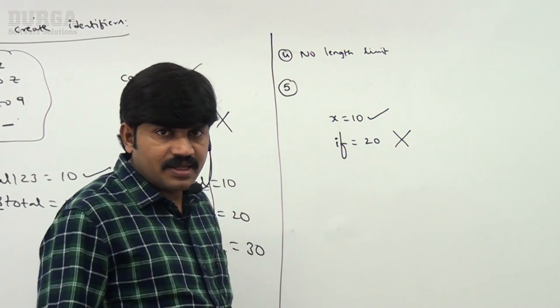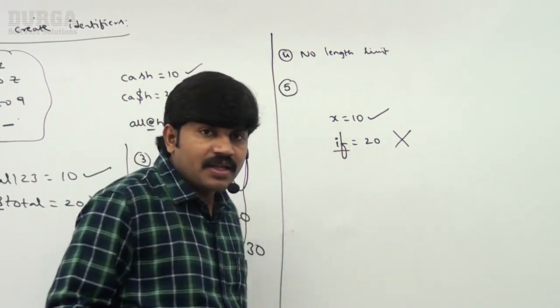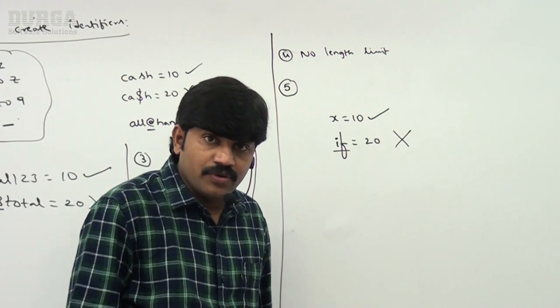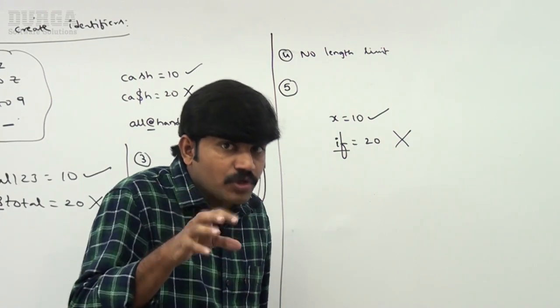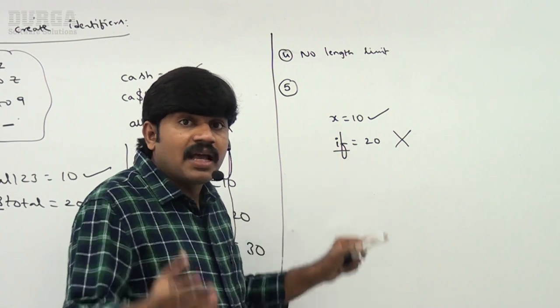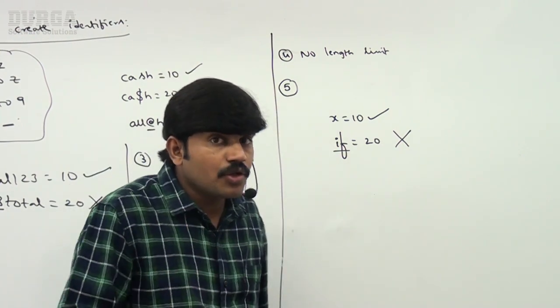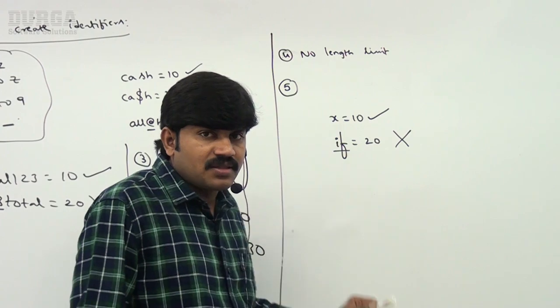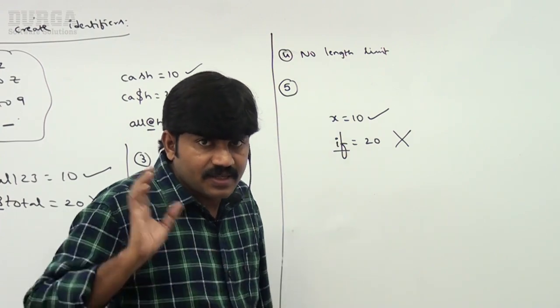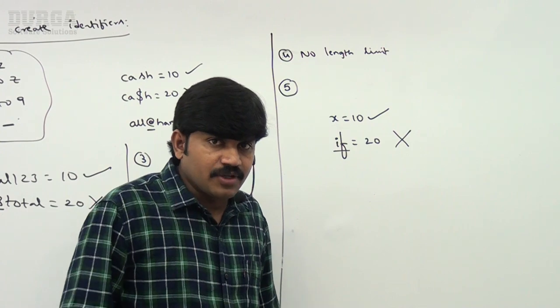The reason for that is, in Python, if is a keyword, a reserved word. So in Python, keywords are there, reserved words are there. These keywords or reserved words have some special meaning or functionality. We can't use these keywords or reserved words as identifiers. By mistake, if you try to use them, immediately we are going to get an error.